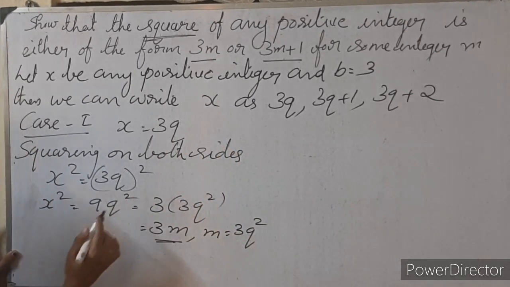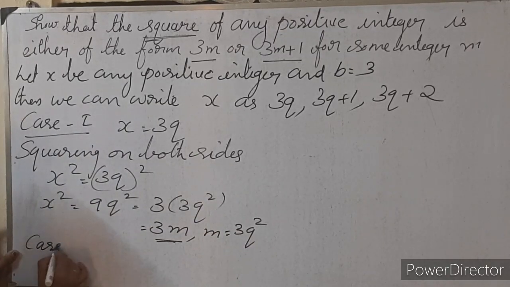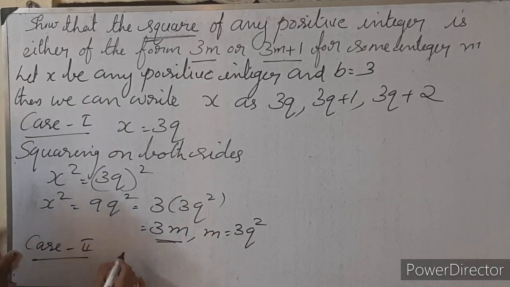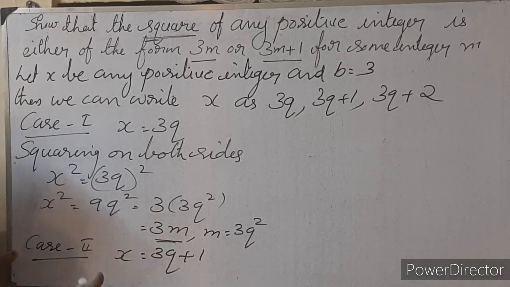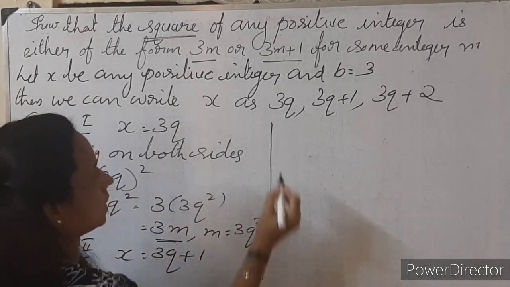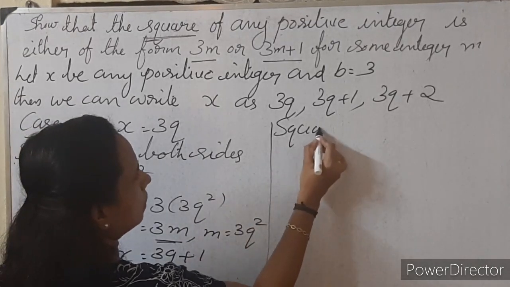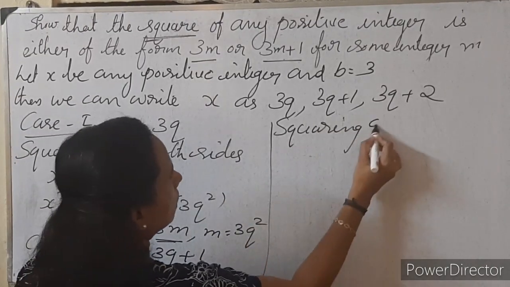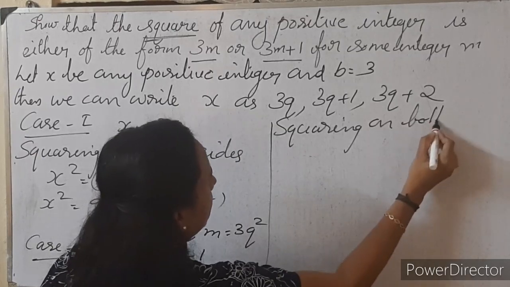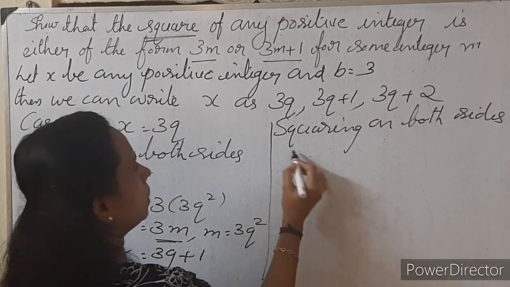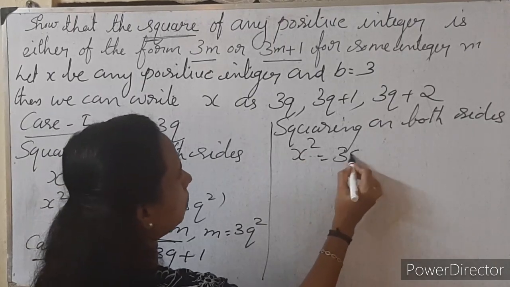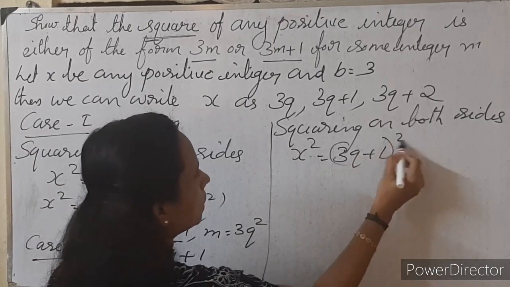Case 2: we can write x is equal to 3q plus 1. In the same way, squaring on both sides, x square is equal to 3q plus 1 whole square.